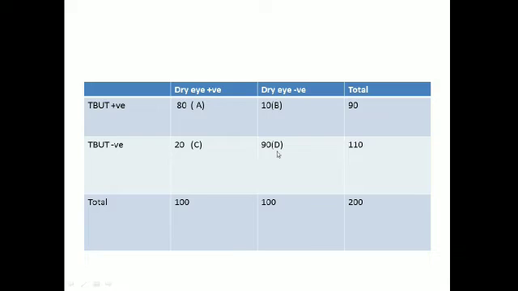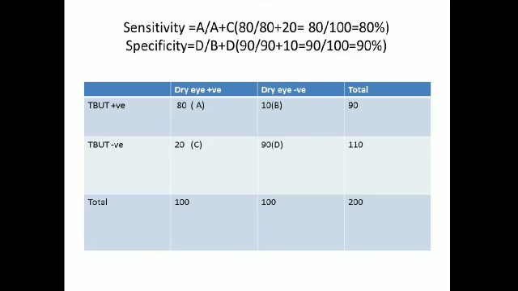To find the specificity, it is true negative divided by true negative plus false positive, where D is the true negative, meaning 90 divided by 90 plus 10, 90 divided by 100 means 90%. Okay, so this is how we get the calculation of sensitivity and specificity.